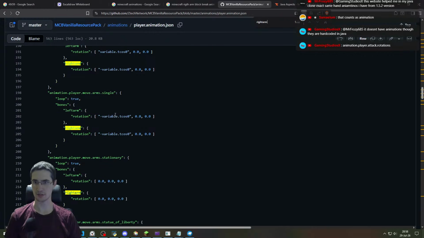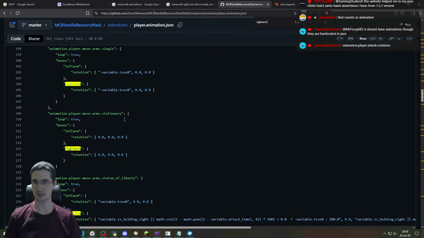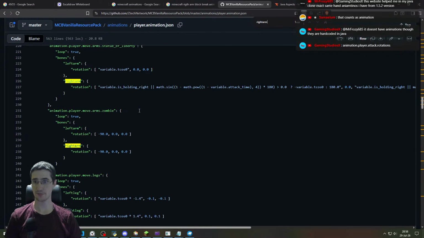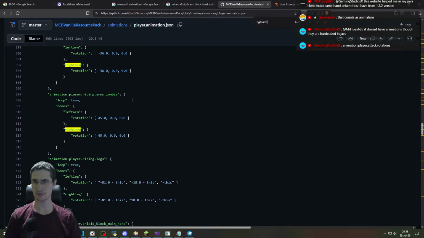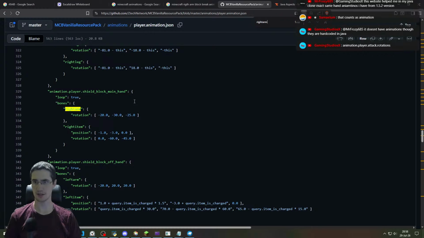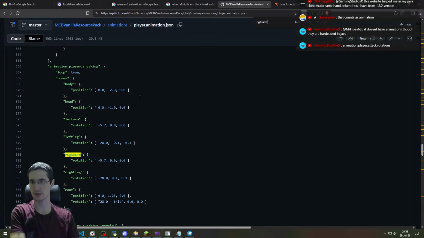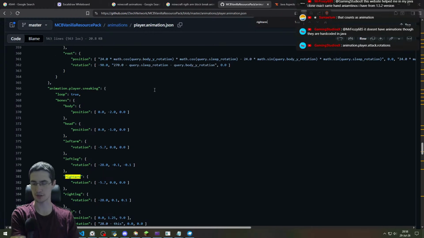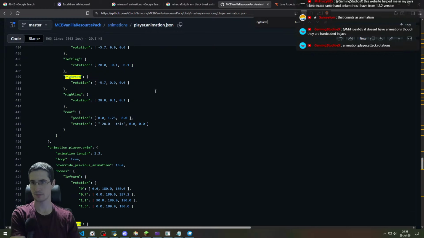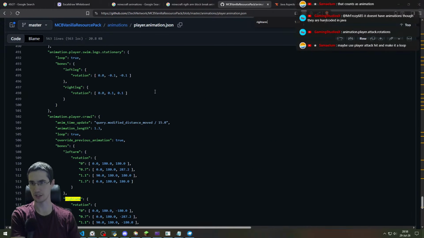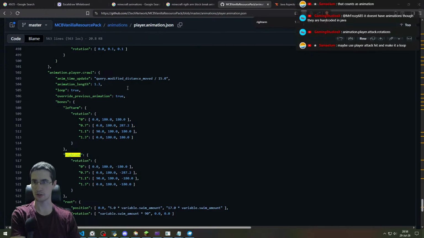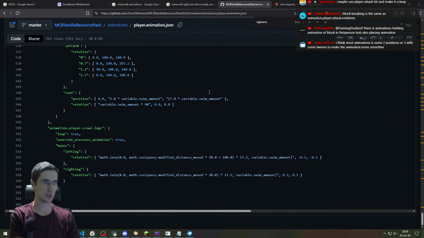Move arms, single, stationary, move legs, riding. I don't see block breaking here, chat. That's the most important. Swimming. We have swimming here. What else do we have? Crawling. No, we don't have block breaking here. That's a bit of a bummer.